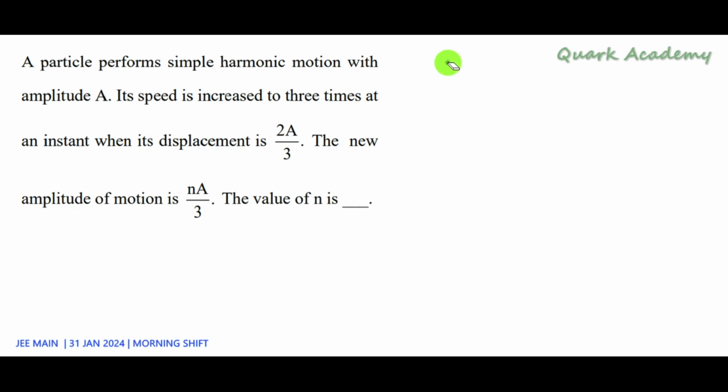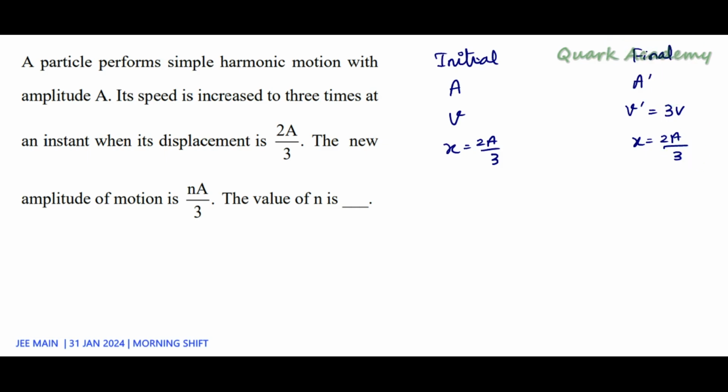So let me write initial first. Initially amplitude is A, and the speed is V, and the displacement is 2a by 3. Finally, let's consider amplitude is A dash, speed is V dash, which is 3V, and the displacement still remains the same, 2a by 3.